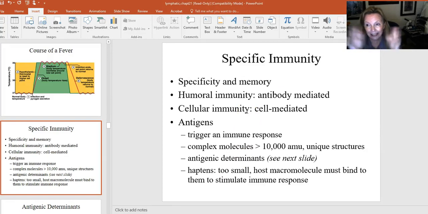Okay, we're on the second section of the lymphatic system and our immunity. This section is going to be dealing with specific immunity. We've already spoken about innate or non-specific immunity, so we're continuing on with this field of study.